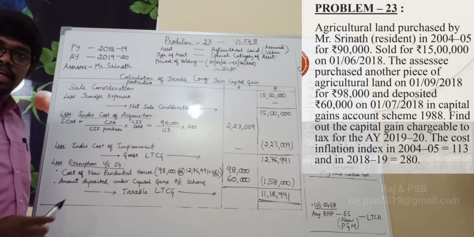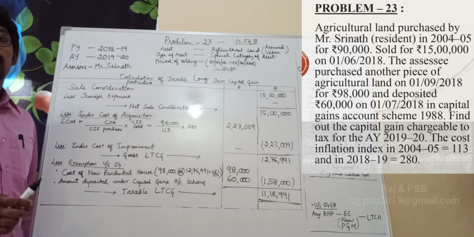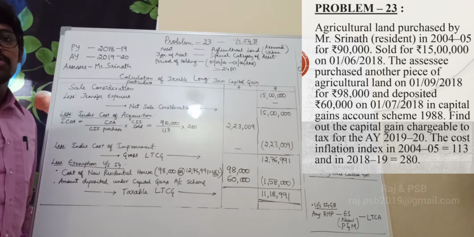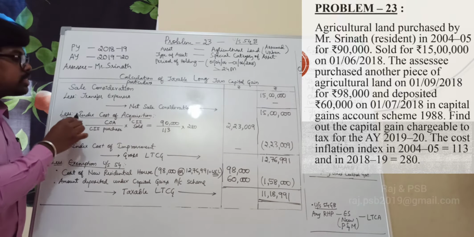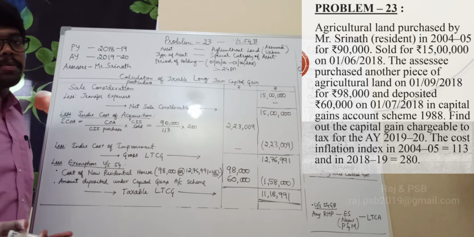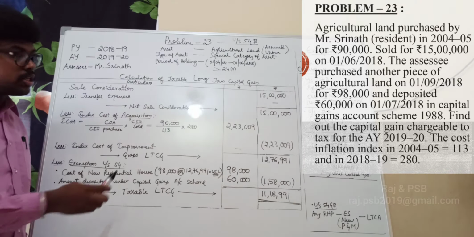And sale consideration is 15 lakh, and less transfer expenses. Here no transfer expense is borne, so it is nil. So the balance amount 15 lakh will be treated as net sale consideration, and less indexed cost of acquisition. Again, he purchased after 1/4/2001. So the formula is cost of acquisition divided by CII purchase into CII sold.